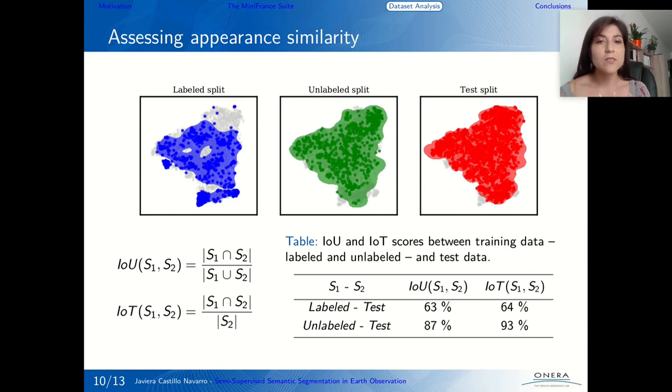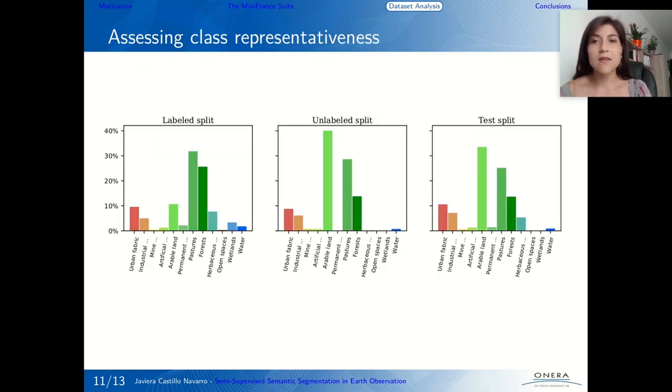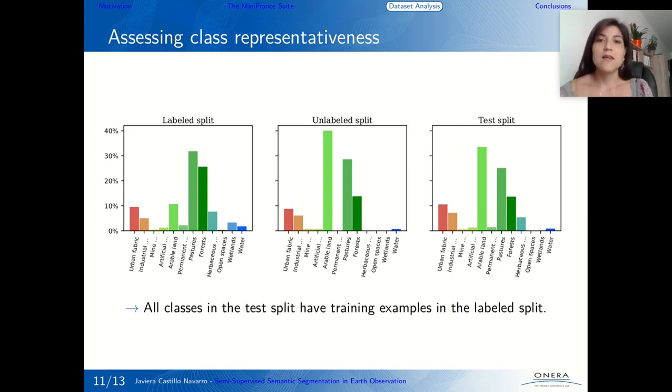However, the unlabeled split allows us to recover much more information about appearance. And finally, we can plot the histograms of classes in the dataset, and we can see that the label split represents all the classes. So the MiniFrance dataset satisfies the 2 conditions that we mentioned before.